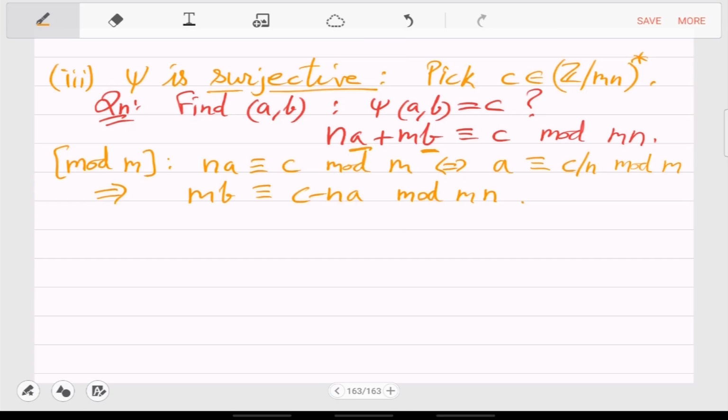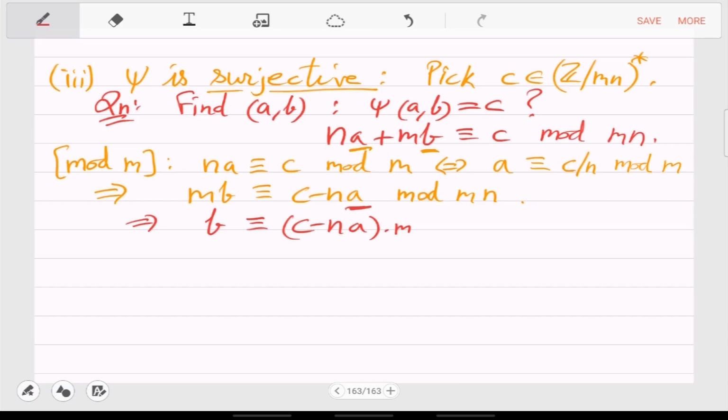You have found some number A, which is C multiplied by the N inverse mod M. That number you plug in here, and C minus NA then has to be MB because you want the solution to that equation. And from this, what should B be? So B has to be C minus NA times M inverse.